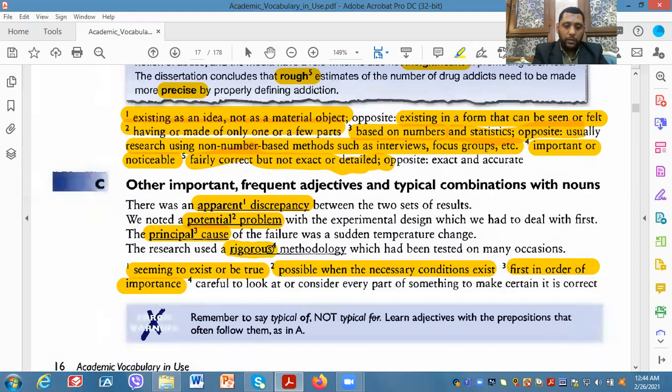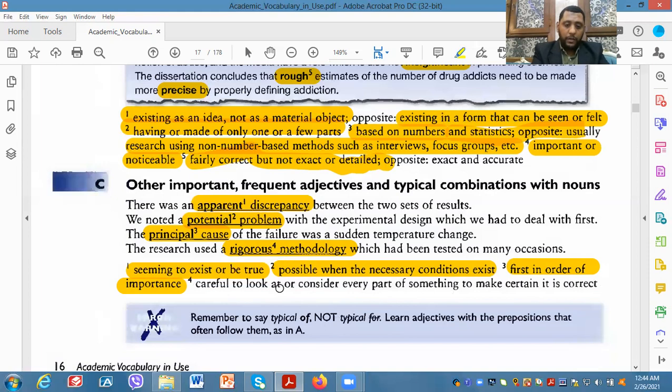So rigorous is an adjective and methodology is the noun. So a rigorous methodology. Let's look at number 4 here, so that we can see the definition of rigorous: careful to look at or consider every part of something to make certain it is correct.